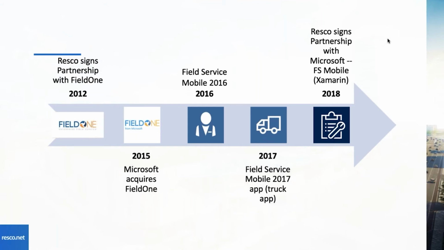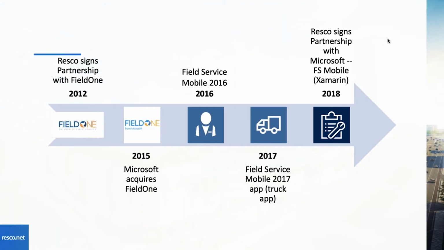And because every field service organization relies on their skilled workers who perform the jobs out in the field, there was a need to provide a robust mobile client with that. So that's why Field One Systems and Resco signed a partnership, and we started supporting Field One with the mobile technology that we were preparing and creating.